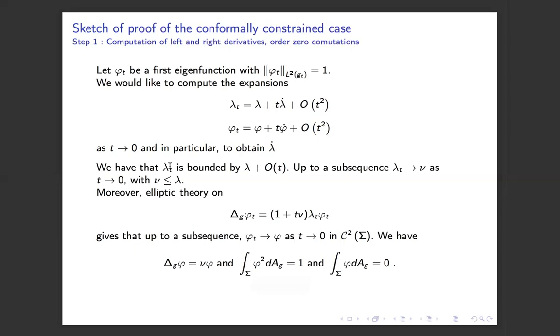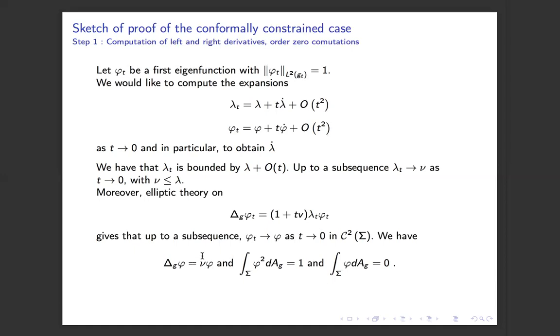But by elliptic theory, we know that this converges as t goes to 0 to some equation, Laplace_g phi equal to nu phi, where phi is the limit of phi_t, thanks to standard elliptic theory, because we have a priori estimates on these eigenfunctions.